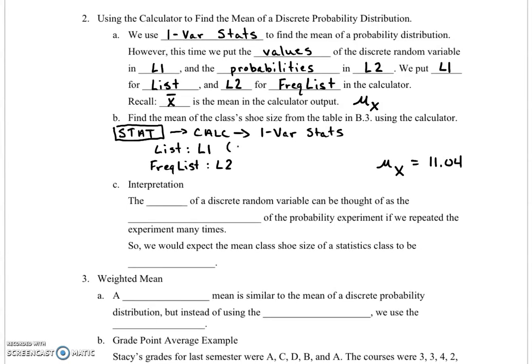And L1 had our shoe sizes in this case. Remember, values of the random variable. And the frequency list had the probabilities.